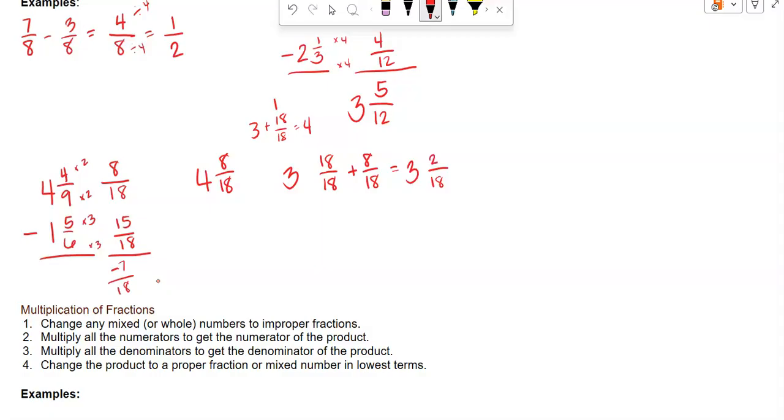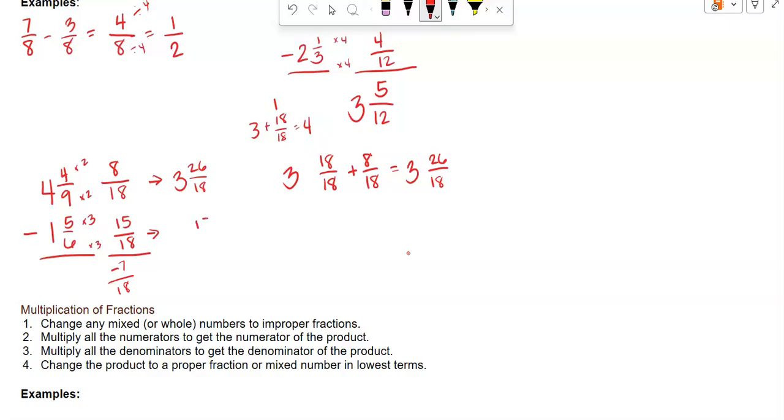That's going to give me 26. Okay, and I'm just going to delete this part here so I have a bit more space. Okay, so this part gets converted to 3 and 26/18.